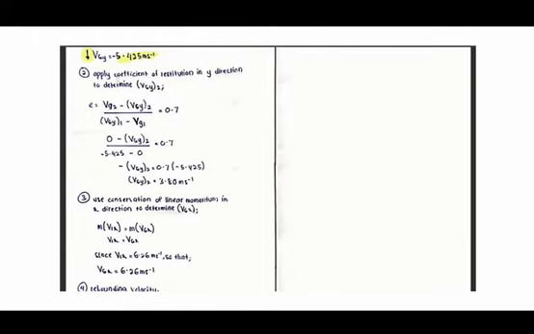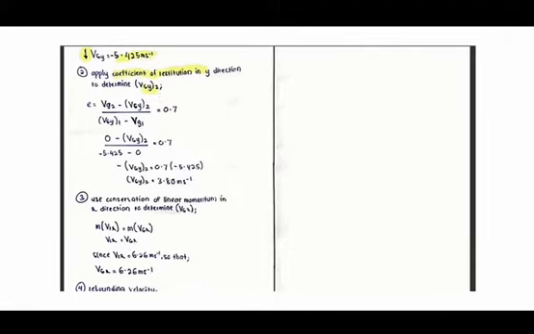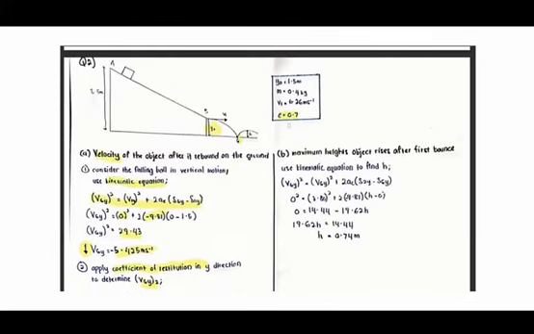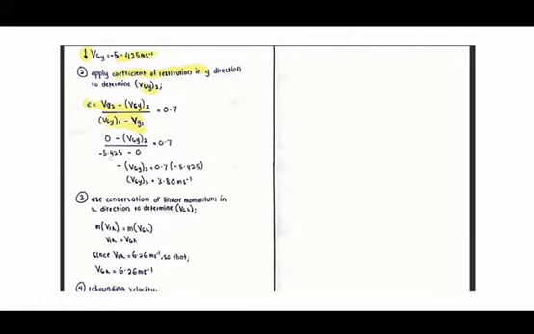Second step, we apply the coefficient of restitution in y direction to determine vgy2. The equation used is E equal to vg2 minus vgy2 divided by vgy1 minus vg1. This one. And we have E from the question given 0.7. Then we substitute the value into this equation.